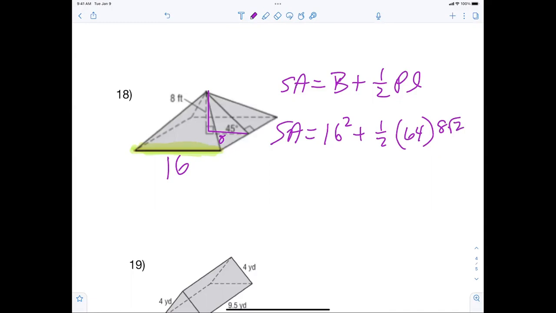That's a simple thing. And of course, everybody knows 16 squared is 256, plus half of 64, 32, times 8 radical 2. And we're dealing in square feet. Any doubts about that, guys? Anybody having issues?